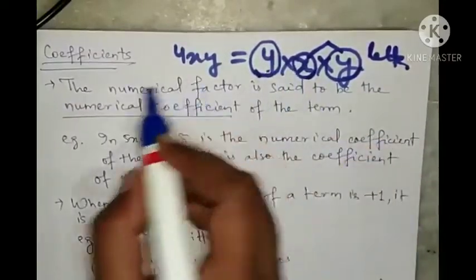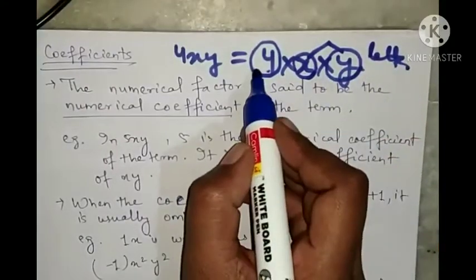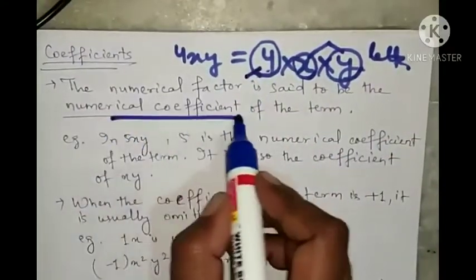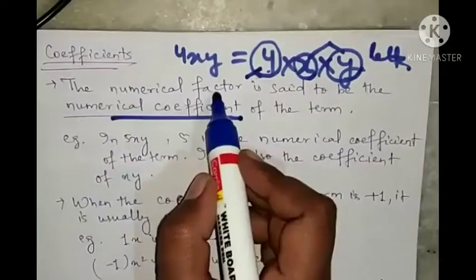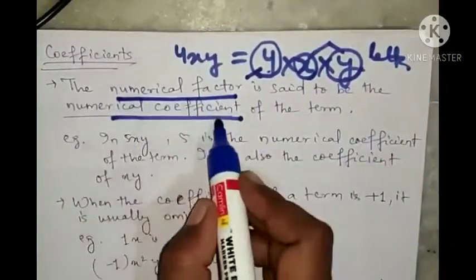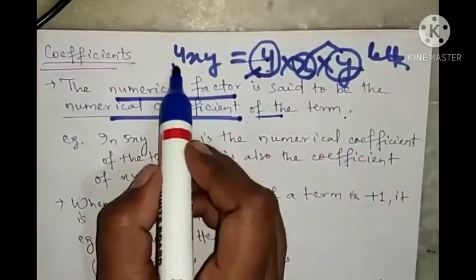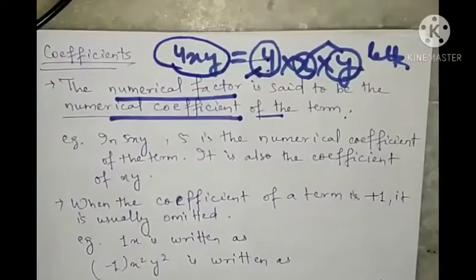So here all the factors are coefficients, but 4 is the numerical coefficient. A numerical factor is said to be the numerical coefficient of the term. So 4 is the numerical coefficient of 4xy.